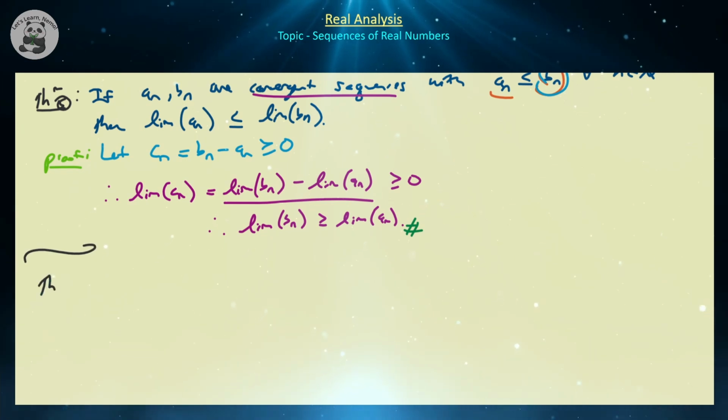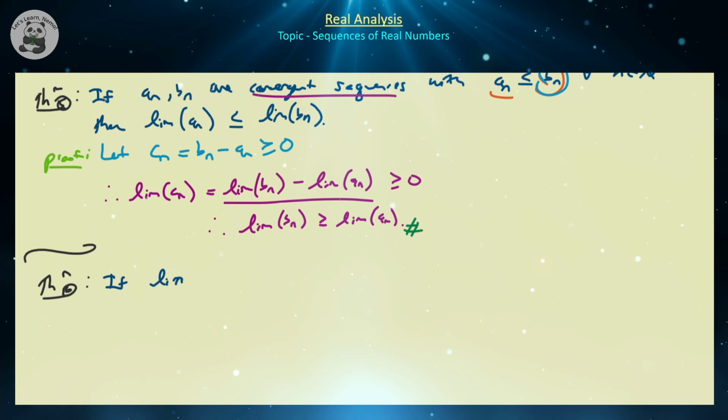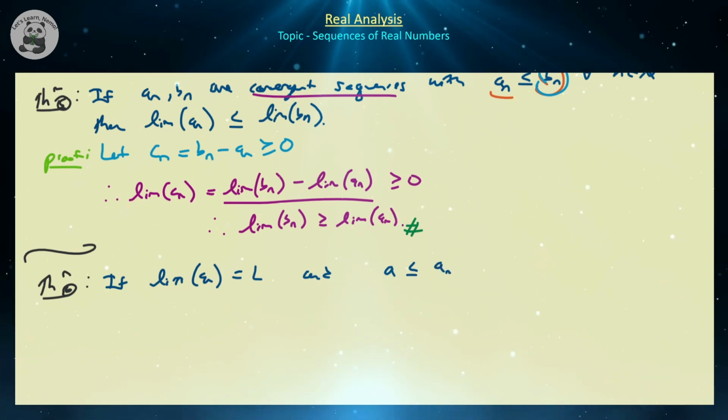Let's see if we can present a more useful version of this. So let's assume that the limit of an is equal to L, and let's assume that, what's a good way to write this?